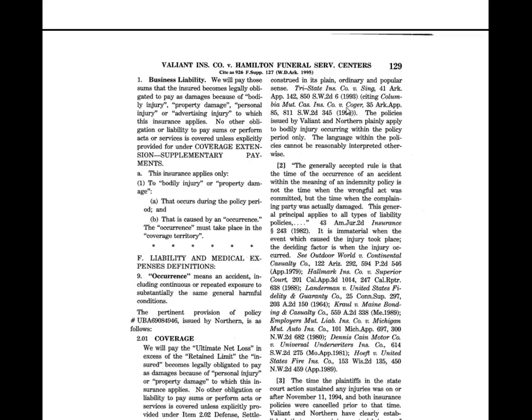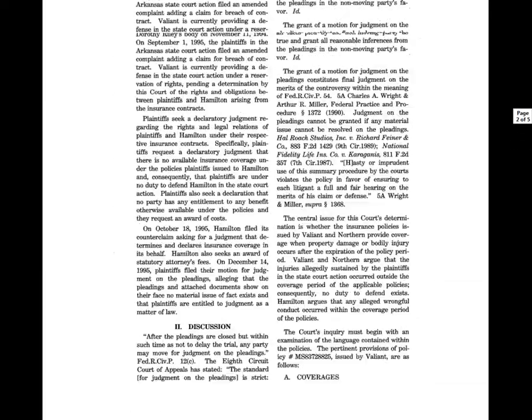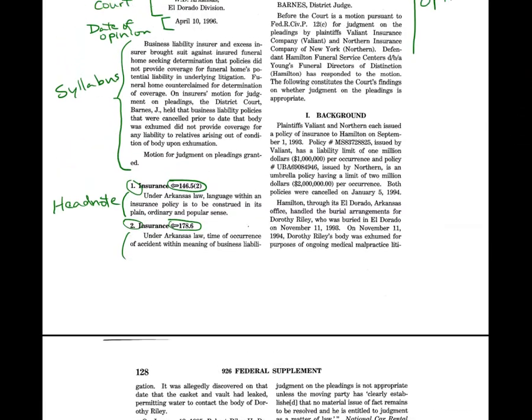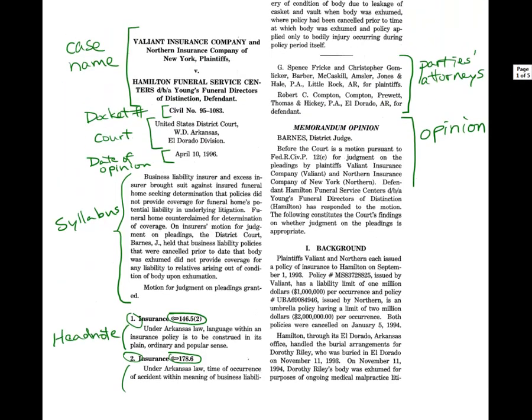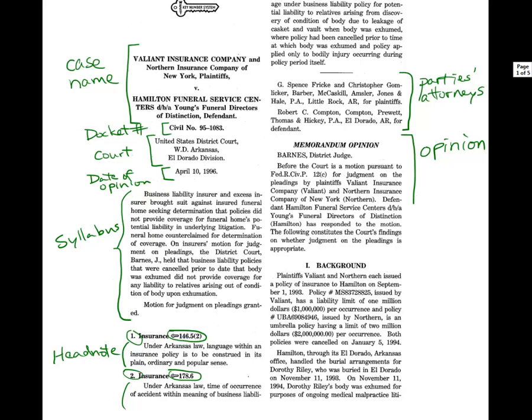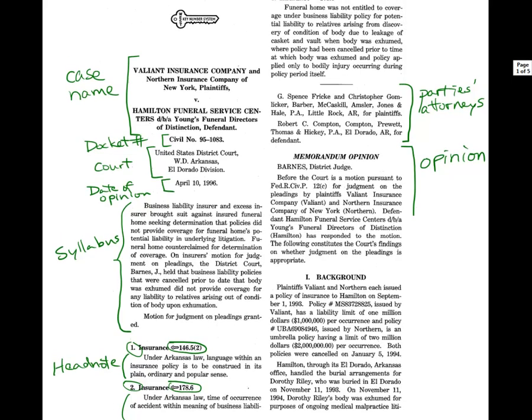So rather than having to read the entire opinion and find this little blurb and say, aha, here's the law I'm looking for, what the publishers are doing with the headnotes is just giving you, in a quick little nutshell at the beginning of the case, some blurbs of law that appear in the opinion itself. All right? So that's a quick little example of what a published case looks like.